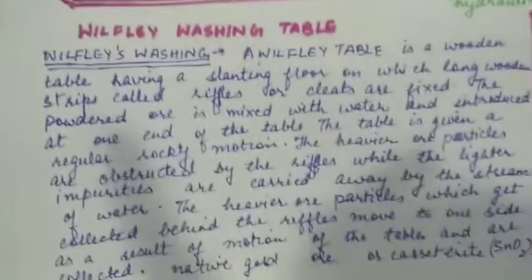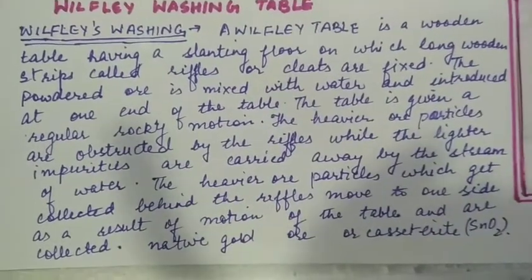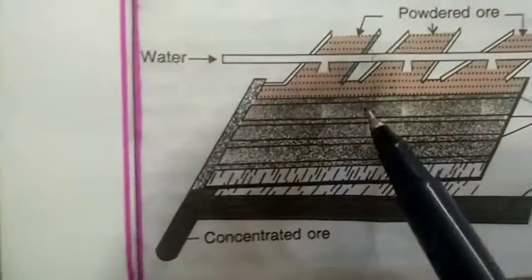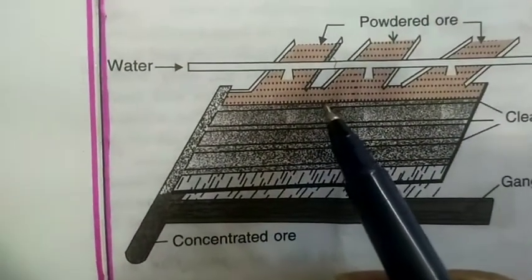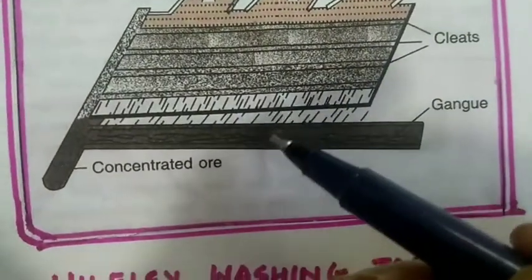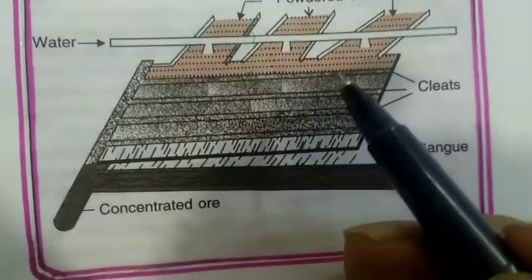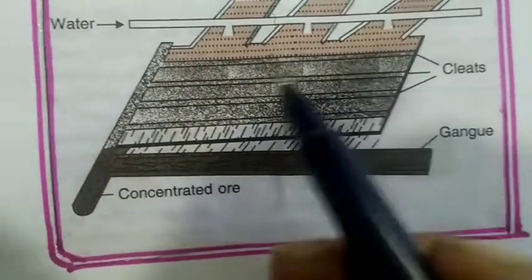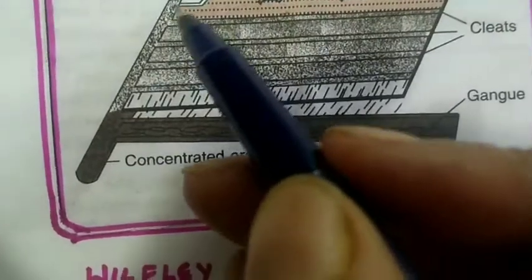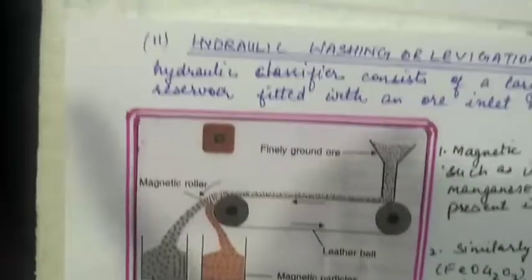It moves in a rocking motion left to right. Heavier ore particles will be obstructed by the riffles and will stay here, whereas the lighter particles will wash away with the water. The stuck ore particles, because of the rocking motion of the table, move towards the side and can later be collected from here. So this is the concentrated ore.